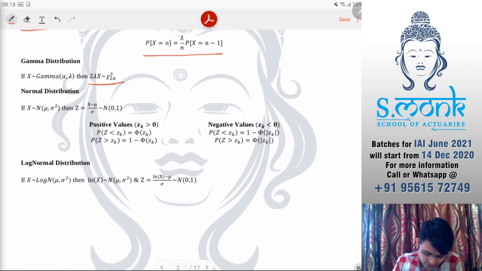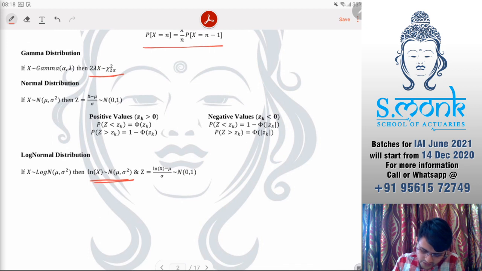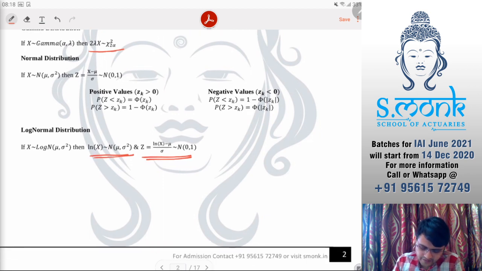For log normal distribution, we'll convert it into normal and then into standard normal, and then find probabilities using standard normal distribution.